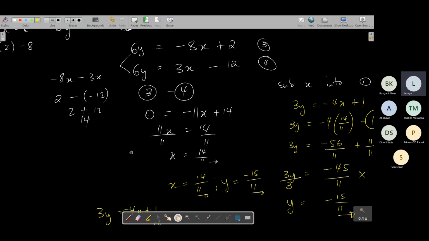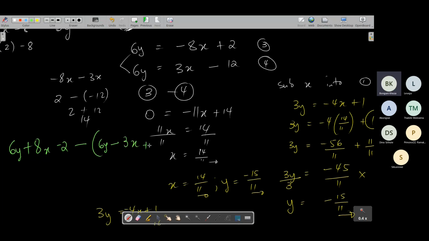Okay. So basically we could have written that like this. We could have taken 6y plus 8x minus 2, minus this whole thing, which was gonna be 6y. Is it okay? I think it should be fine as well.